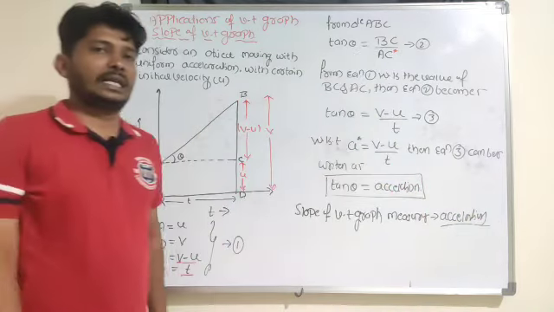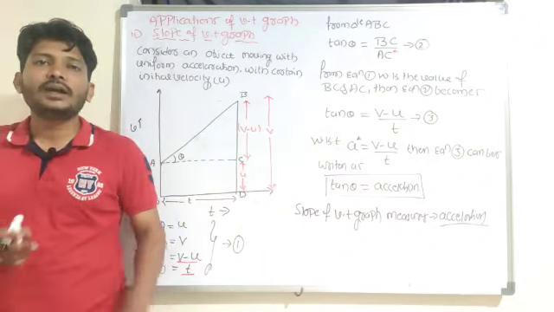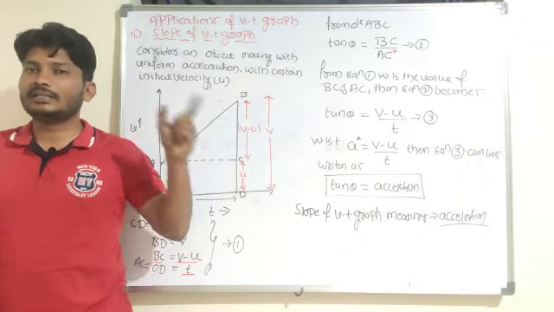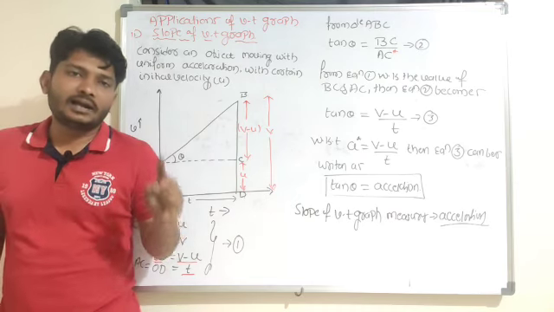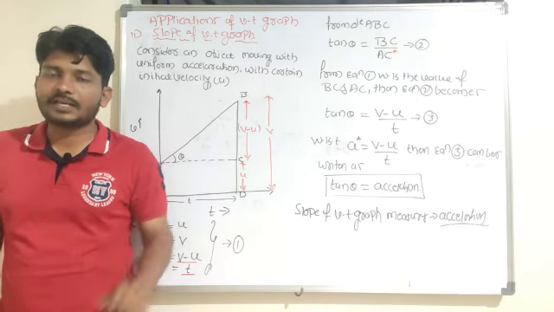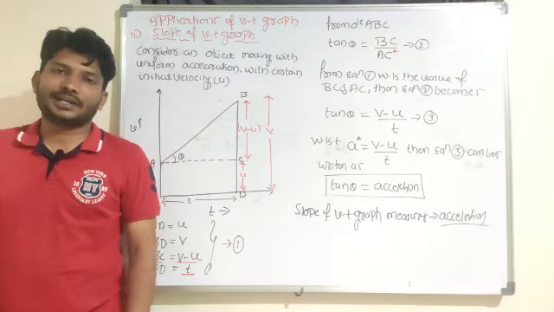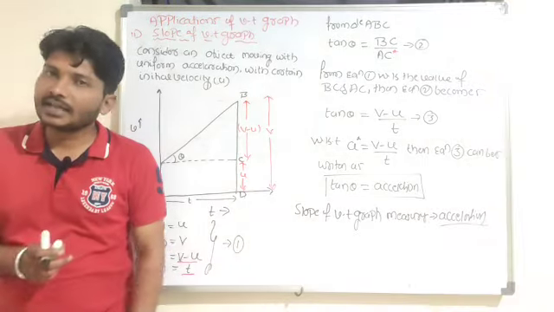Hope you understand this class. The area under the velocity time graph represents displacement, whereas the slope of the velocity time graph represents acceleration. We'll look at the remaining things next class.